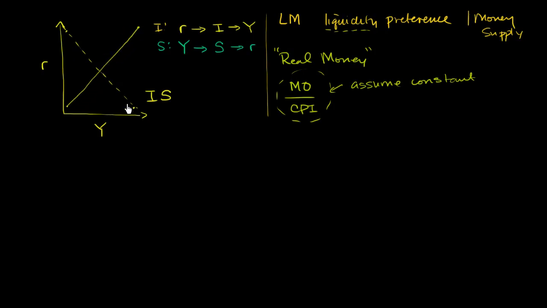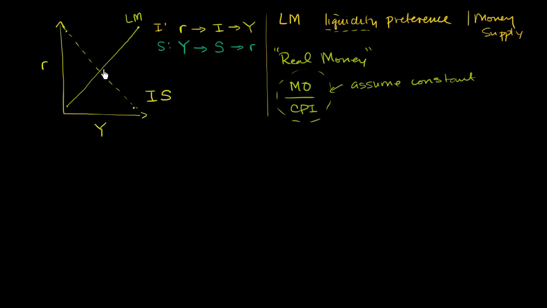This is IS in this dotted line yellow, and our LM curve looks something like that. And when you plot these two constraints against each other, the IS is telling us a relationship between real interest rates driving investment and how that affects GDP, or how real GDP affects savings affecting real interest rates. It's a different constraint than what liquidity preference is telling us.